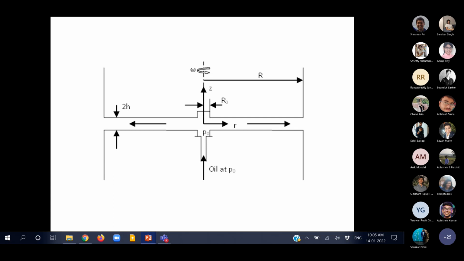So, flow between a stationary and a rotating disk. Unlike the previous problem where the two disks were stationary, here one of the disks is being rotated at a high speed. The practical application of this is in thrust bearings, where obviously you have to choose the lubricant very carefully such that it can sustain its purpose.